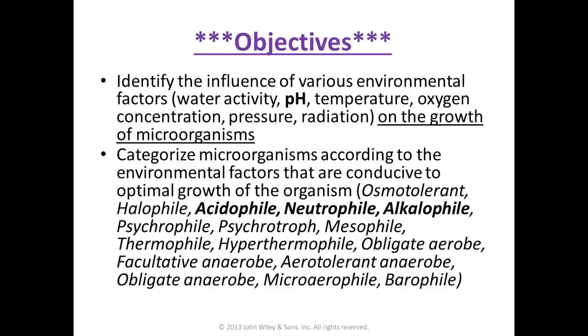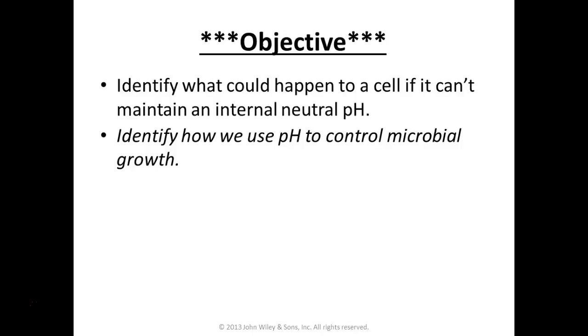Alkalinophiles can survive in environments where there's an alkaline or basic pH outside. But for the most part, all organisms maintain a neutral pH range within the cell. So this is talking about what kind of environment they can live in. What happens if they can't maintain a neutral pH inside?